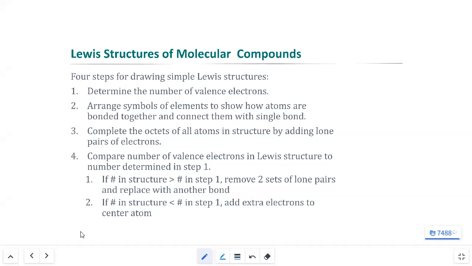First, we need to determine how many valence electrons there are. We can do that by looking at the chemical formula, looking at the periodic table, and adding it together. In the case of NH3, we had nitrogen, which we could look at the table and say, okay, nitrogen has 5 valence electrons.